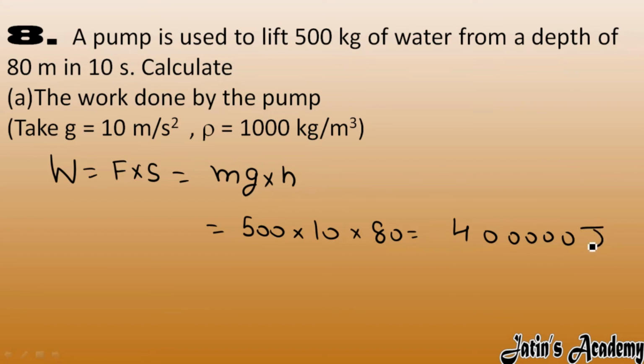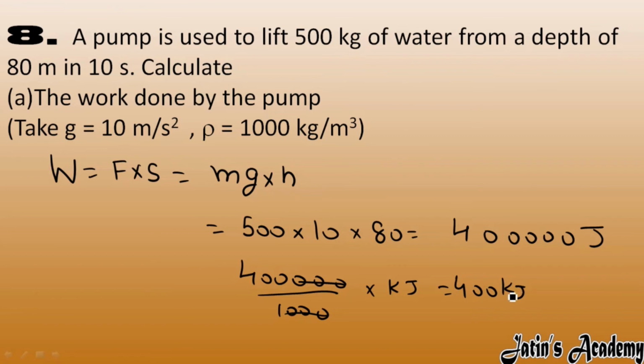Now we can convert it into kilojoule by dividing by 1000, so we get 400 kilojoule. So work done is 400 kilojoule, or 4 into 10 raised to power 5 joule. In any way you can write the answer.